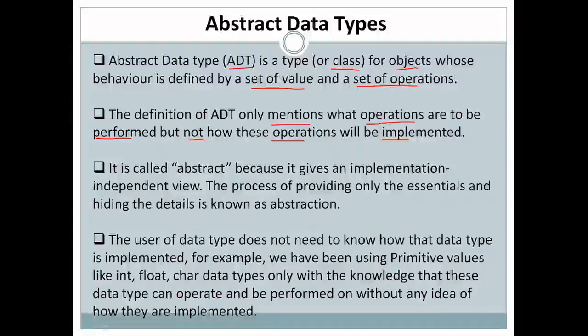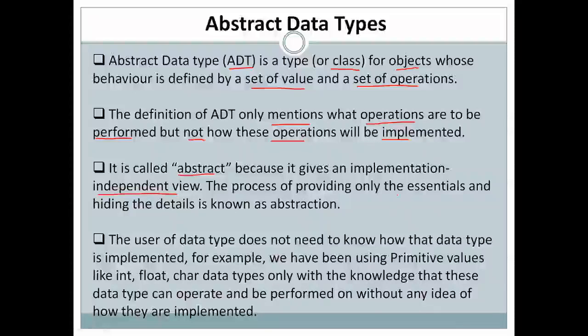It is called abstract because it gives an implementation independent view. Why do we call it an abstract data type? Because the implementation of the operations is not known to the user. The user only knows what operations he can perform by using the abstract data type, but the user doesn't know how those operations are performed internally. That is the reason it is called abstract.